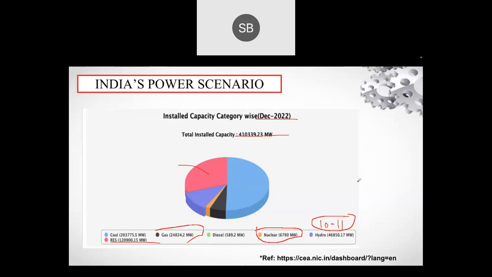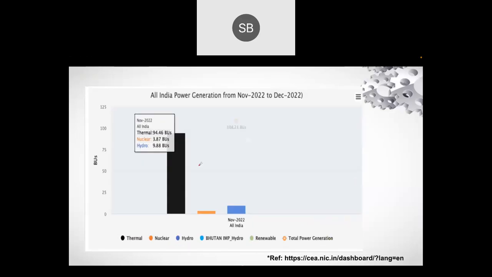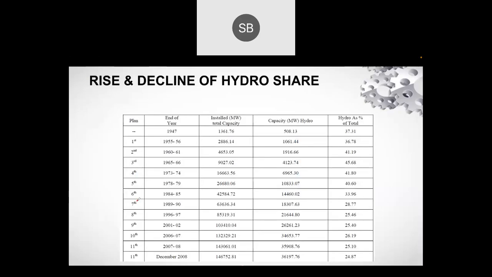Gas turbine or gas-based power plants also have some share, and also the nuclear power plants. So these are the different energy scenarios of India. You can see the hydroelectric power plant constitutes 10 to 11% of the power generation or the installed capacity.